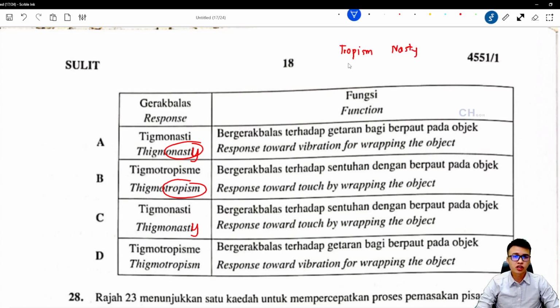Tropism is the response that the plants will make towards directions. So how to memorize this one is towards the directions. When talking about nasty, there are no directions. So it's very easy for you to understand and find out the answer for this question.